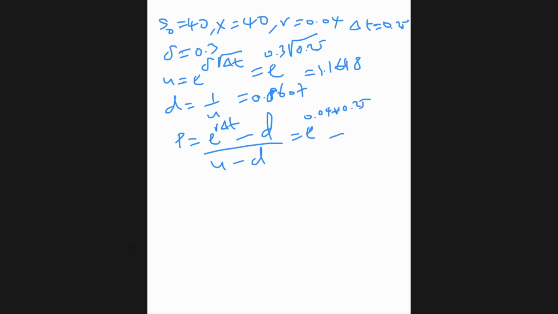D is 0.8607, divided by 1.1618 minus 0.8607. So somebody very competent in using a calculator can give us an answer. If you want to be careful, you work the numerator first, then you work the denominator, then you get the answer.